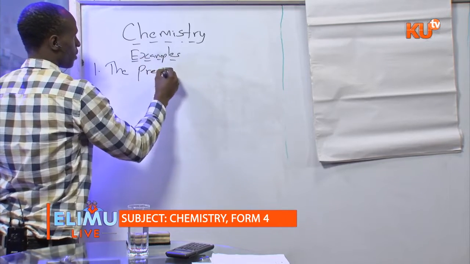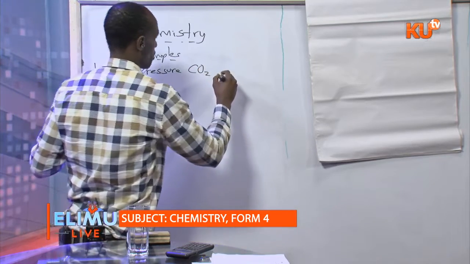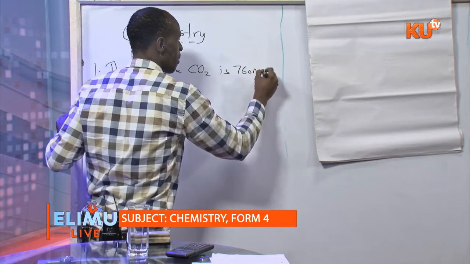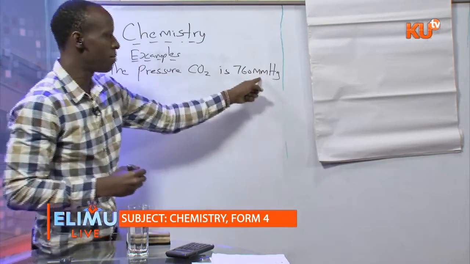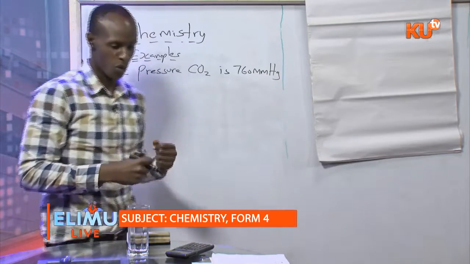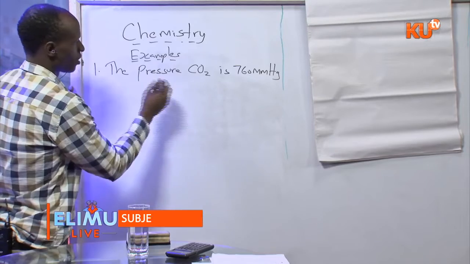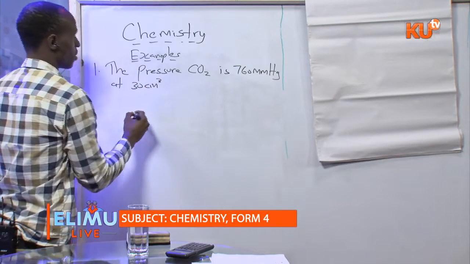The pressure of carbon dioxide, the formula is CO2, is 760 mmHg. That's millimeter of mercury, a unit for measuring pressure, at a volume of 30 centimeter cubed.